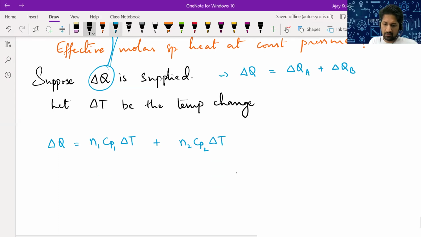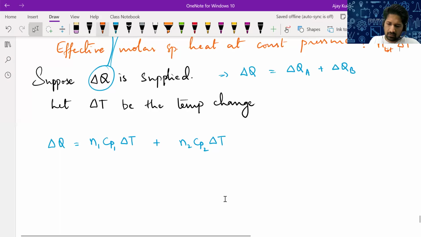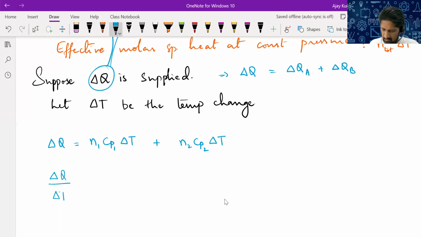Now, what we need is effective molar specific heat. How do you calculate effective molar specific heat? Delta Q divided by total number of moles times delta T. That is what is effective specific heat. Now from this relation that we have written here, delta Q by delta T becomes n1 Cp1 plus n2 Cp2.